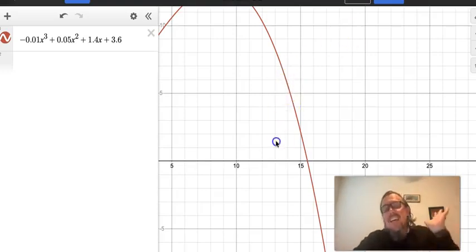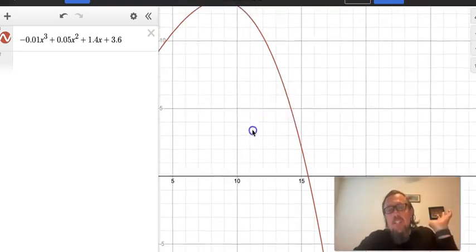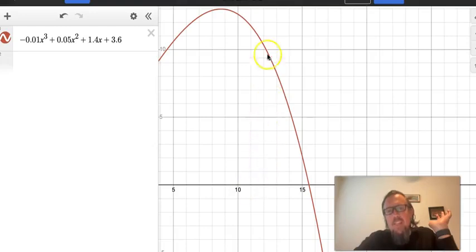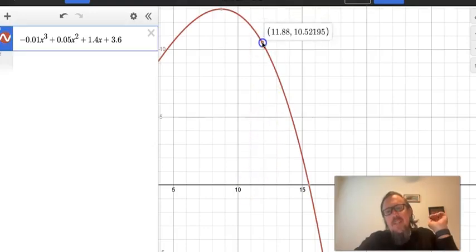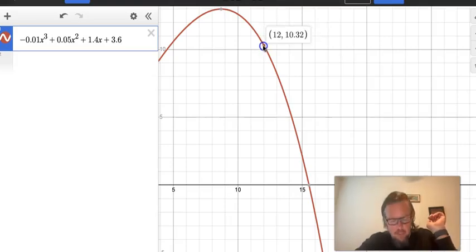So, instead, if we wanted to make a prediction that perhaps makes sense, we could say in 2022, what would the sales be? We could go up to where x equals 12, and say the video game industry would make, and this was in billions of dollars, $10.32 billion in 2022.